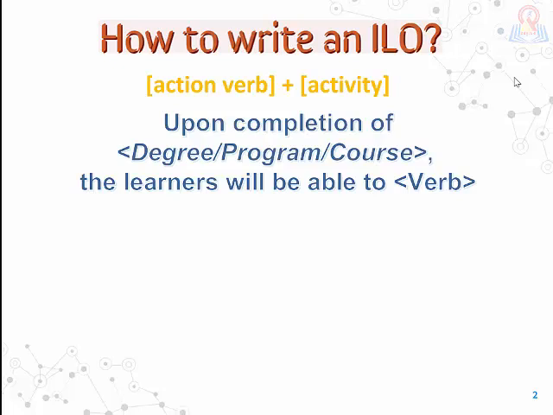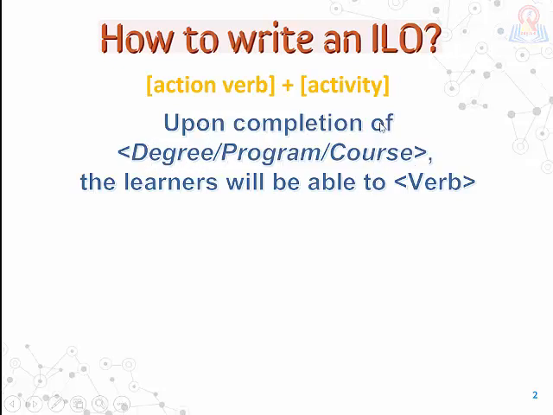The first one, if you write the ILO for a degree, it is called a PO. If you write the ILO for a program, it is called program specific outcome. Similarly, if you write the ILO for a course, it will be called CO, course outcome. So you have to choose one of these.